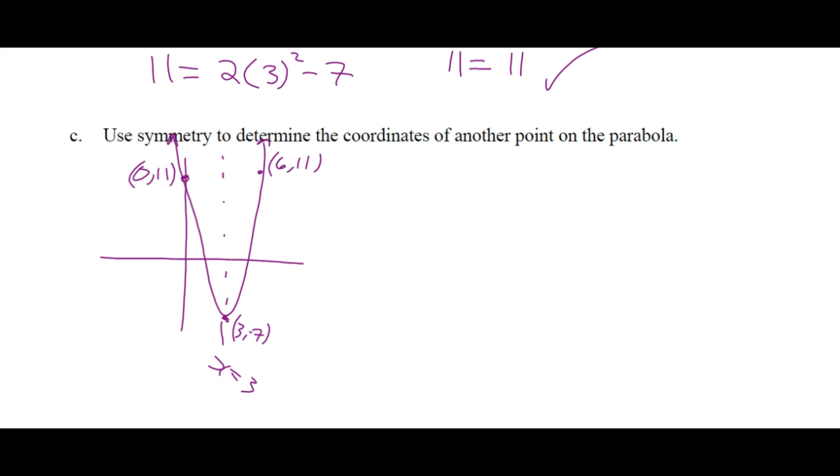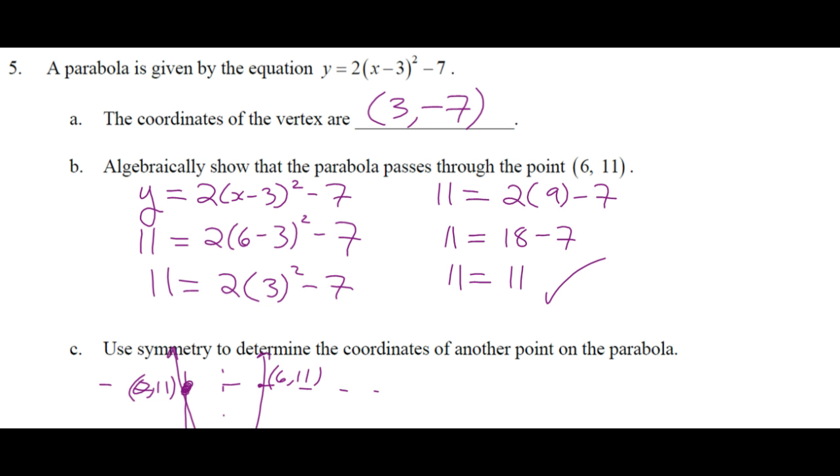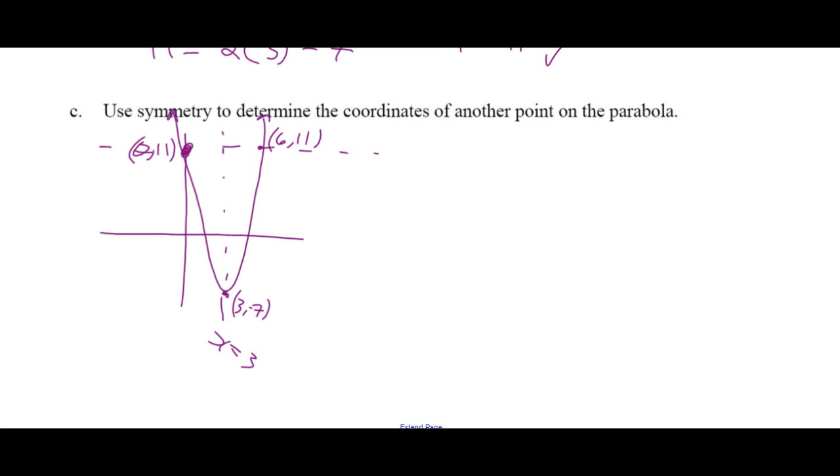I know (6, 11) is on there, and I know that by symmetry, these points will lie on a horizontal line. I didn't draw it great, but it's just a sketch anyway. So, is that it? That counts as show your work, right? Because there's stuff there. Okay.